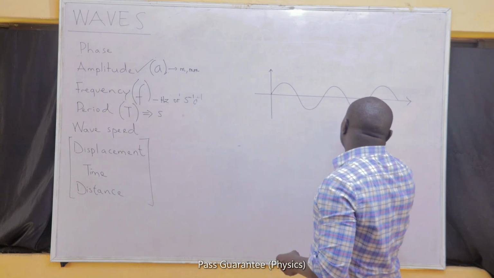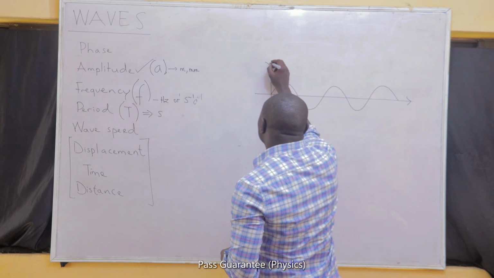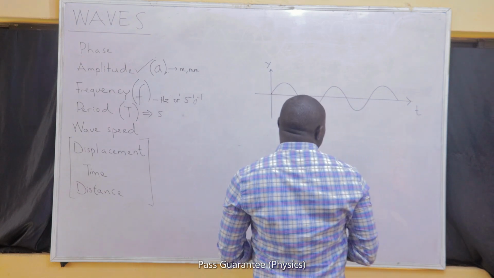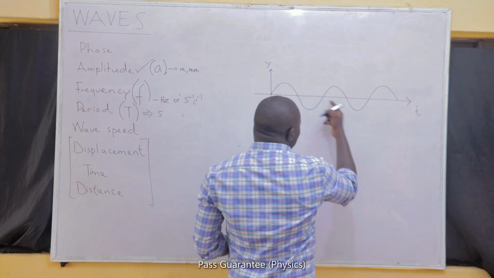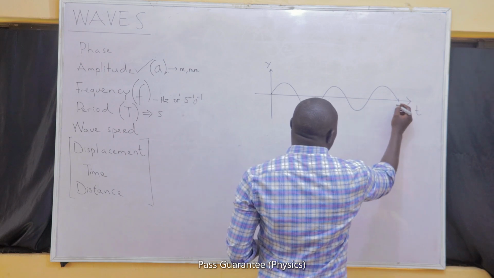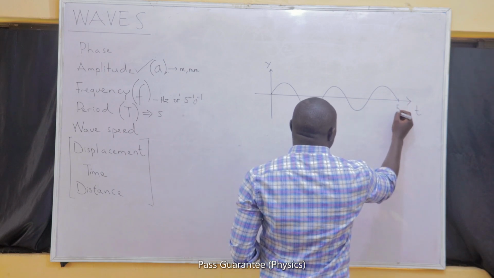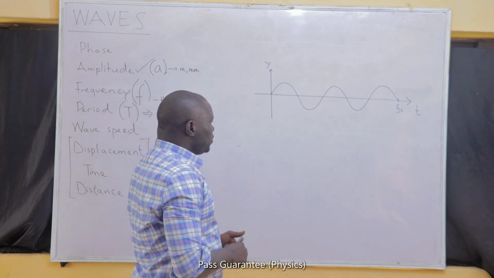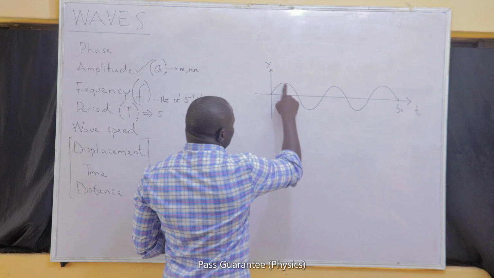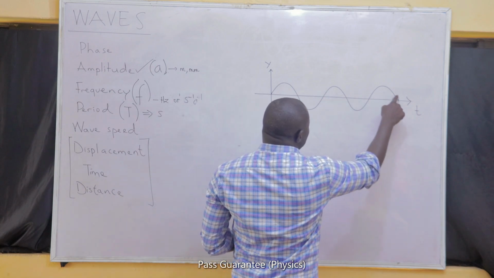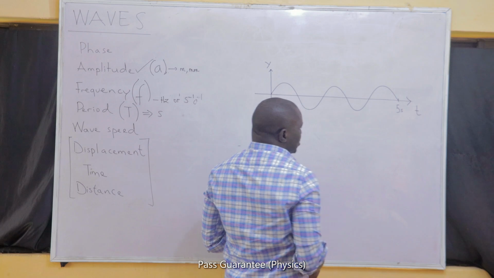For example, I have a wave, a graphical representation of a wave, displacement time representation, and this number of cycles has been given, and I have a time here to be maybe 5 seconds. Now, what I'm saying is this wave has completed 2.5 cycles in 5 seconds.